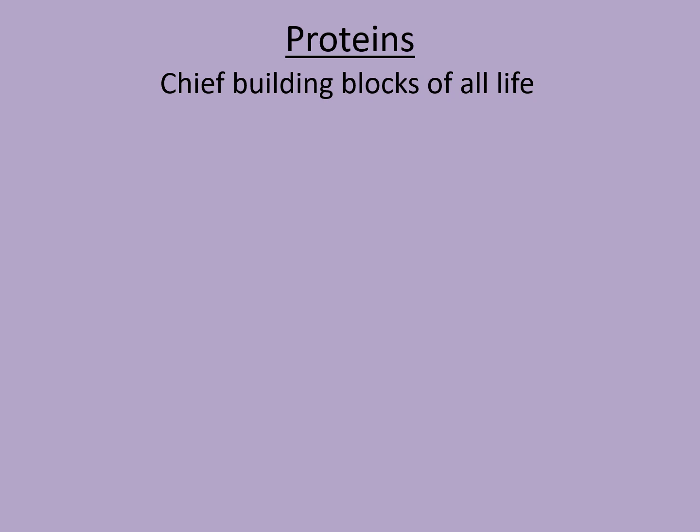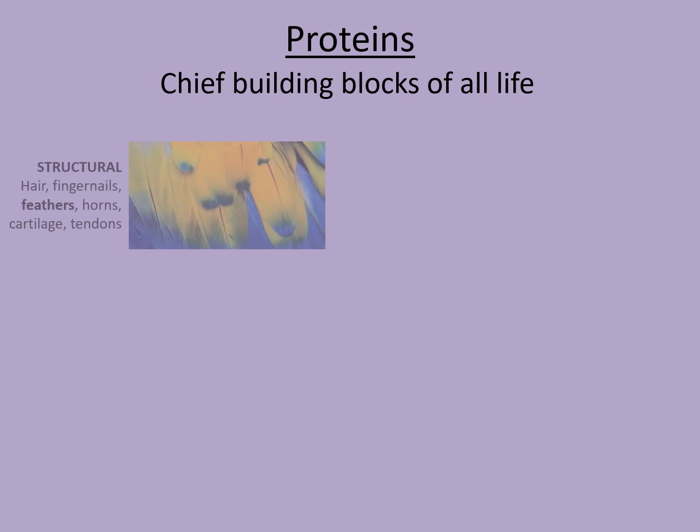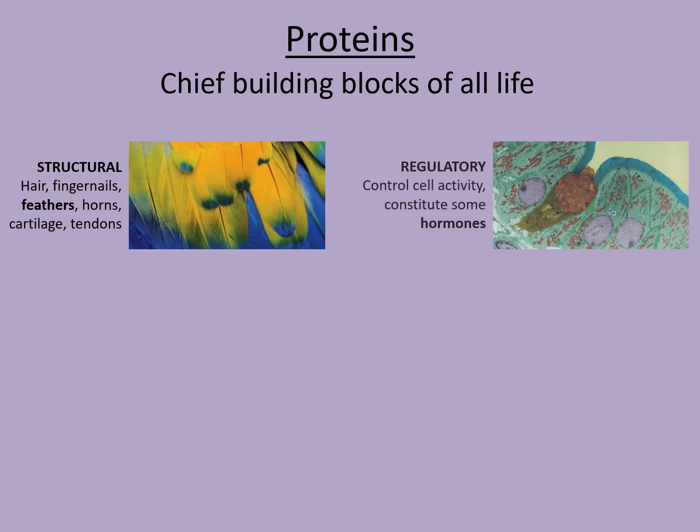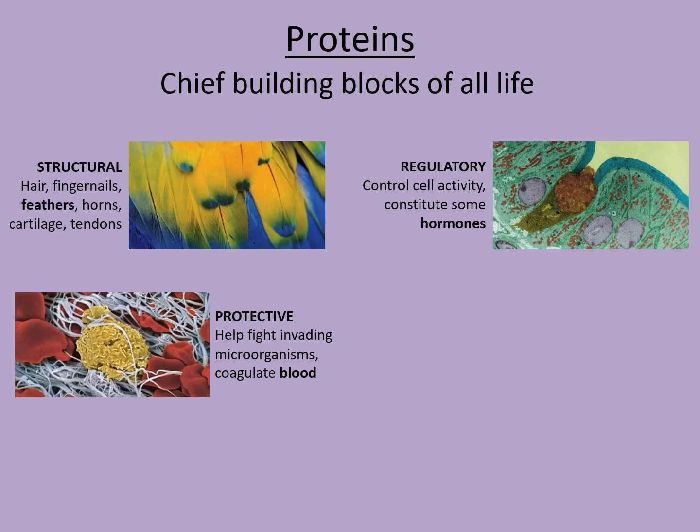Next, we have proteins. These are the chief building blocks of all life. This is stuff that you would have heard before over the years. For proteins, you have your hair, your fingernails, feathers, horns, cartilage, and tendons. It all takes proteins to keep these functioning. But proteins also help control your cell activity and constitute some hormones, so they're regulatory as well as structural.